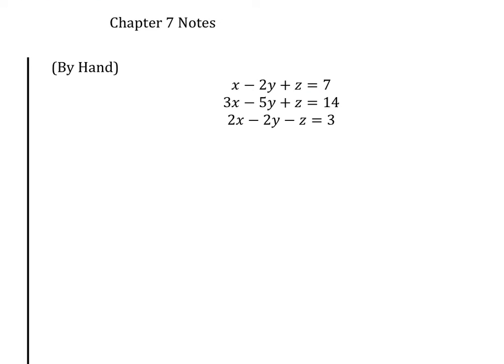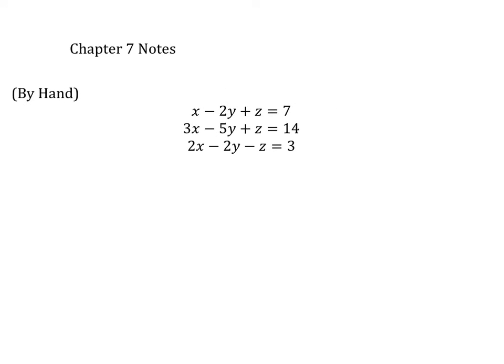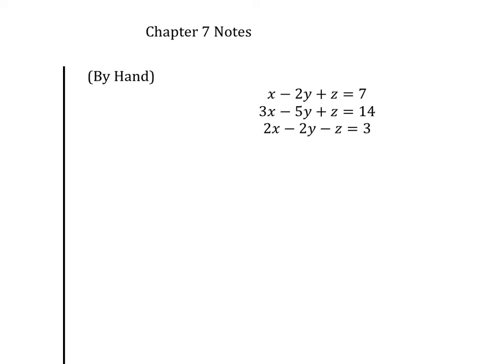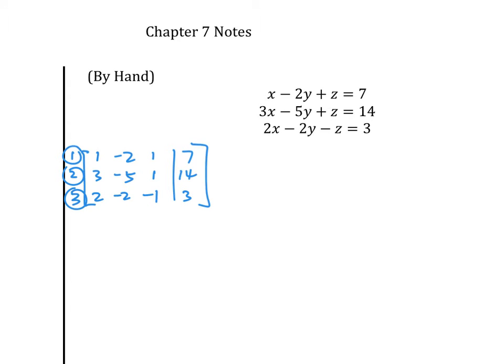Okay, now I'm going to review really quickly how to solve this by hand. So first, what we want to do is create the matrix. So this is that same problem again, and we're just going to solve it by hand this time. I'm going to number these rows so it's easier to talk about them.